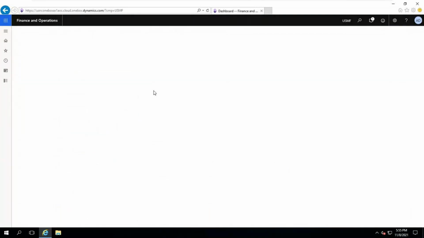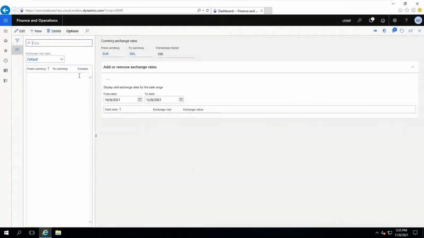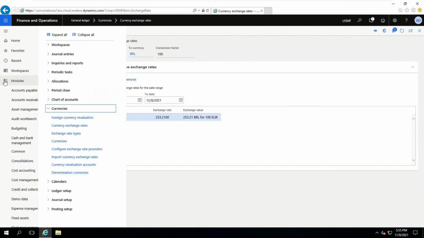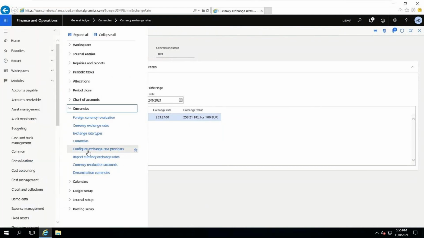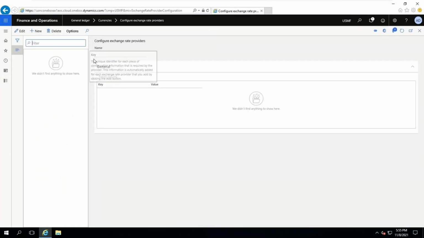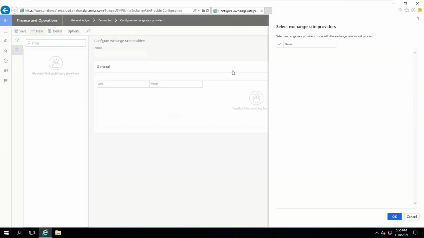I will show you how we need to enter the exchange rates manually. Another option is to configure exchange rate providers. This is integration with a website. It is a small technical task, 80 to 90% of the code is already developed, so you can use this.